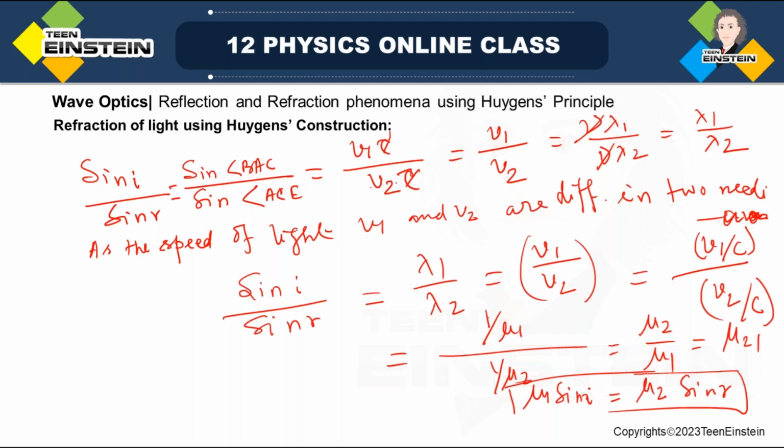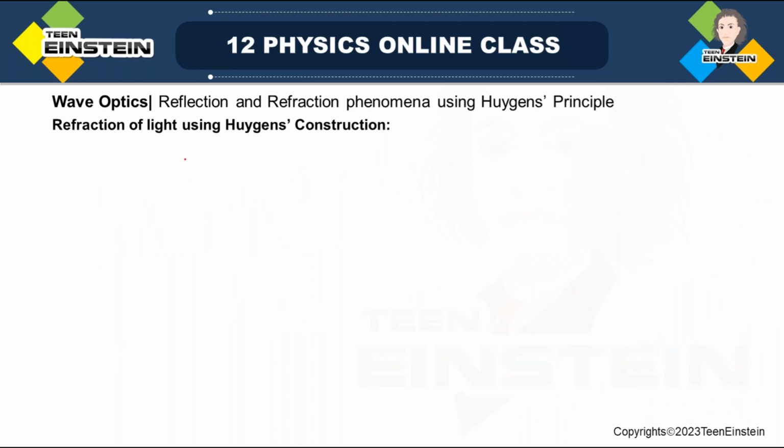Always remember this: the speed of light in any medium is directly proportional to wavelength and inversely proportional to the refractive index. This is what we have to remember. So this is how we can prove the laws of reflection and refraction.